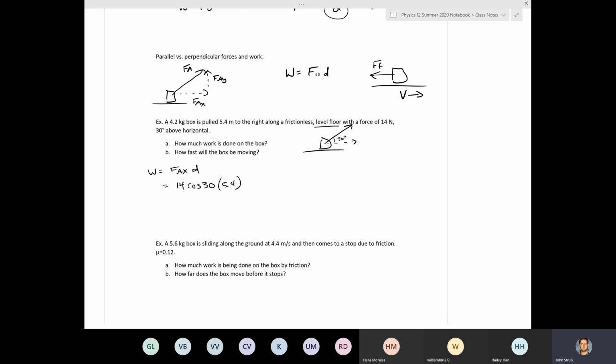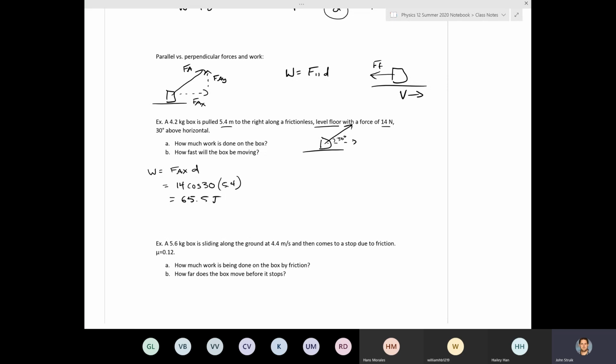So 14 cos 30 times 5.4 is 65.5 joules. So that's part A, how much work is done on the box. Notice how I'm not doing 14 times 5.4. That would be incorrect. It's only the force that's actually causing the box to move.